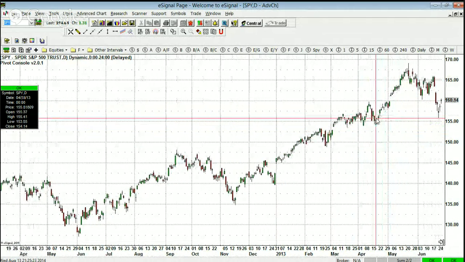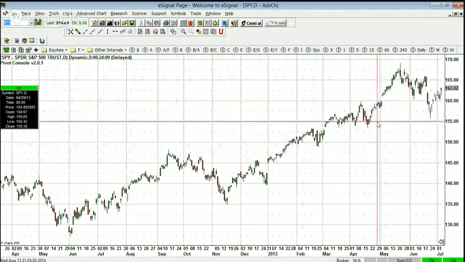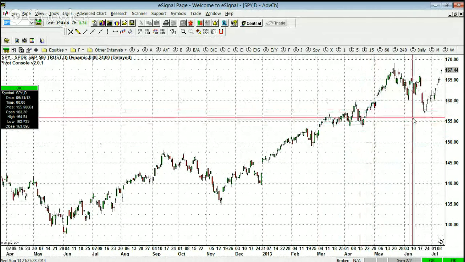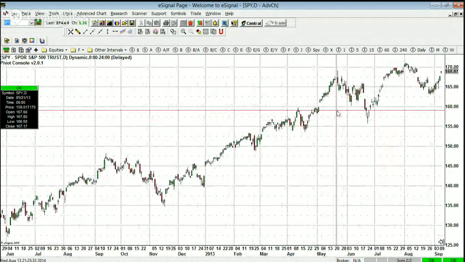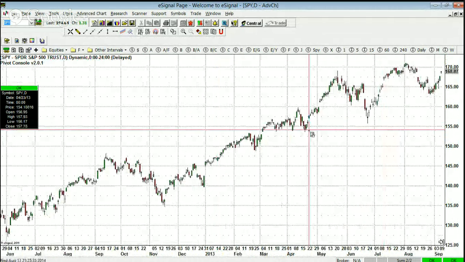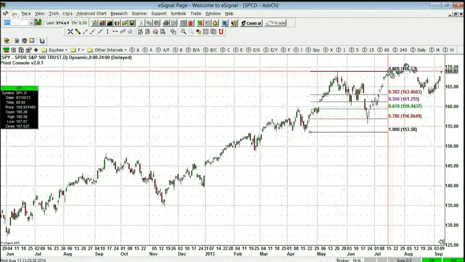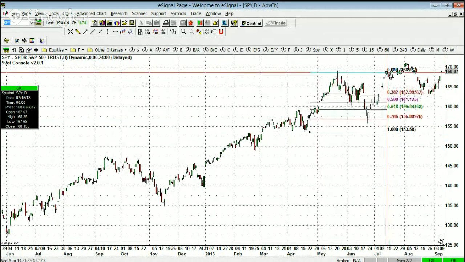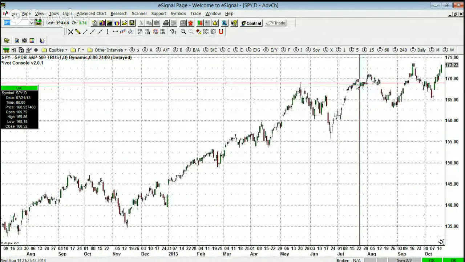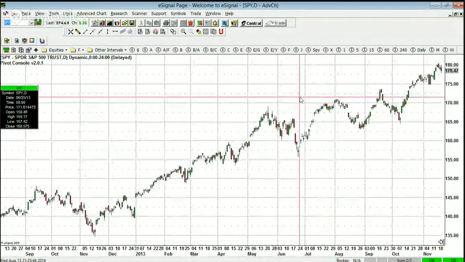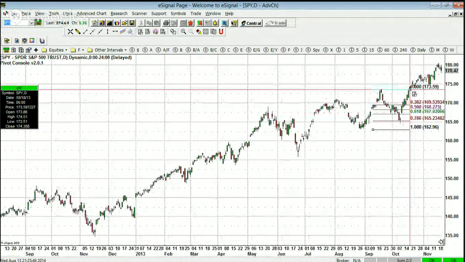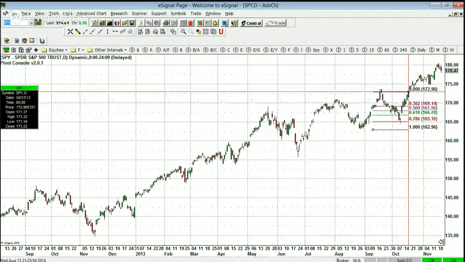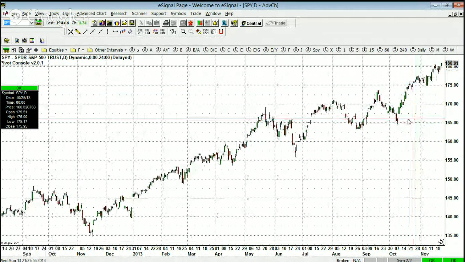The market pulled back again from this low at 155, coming almost all the way back to 155 again, but shot up again. And this was closer to the 786 retracement level. Market moved upwards again, and again the market made a new high, pulled back to the 786 retracement level, and the market moved up again.